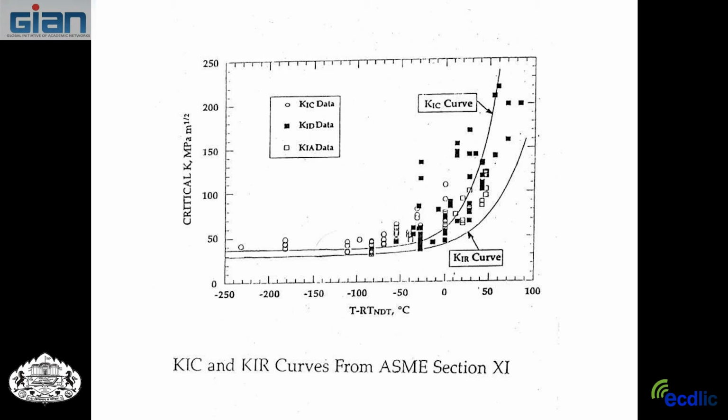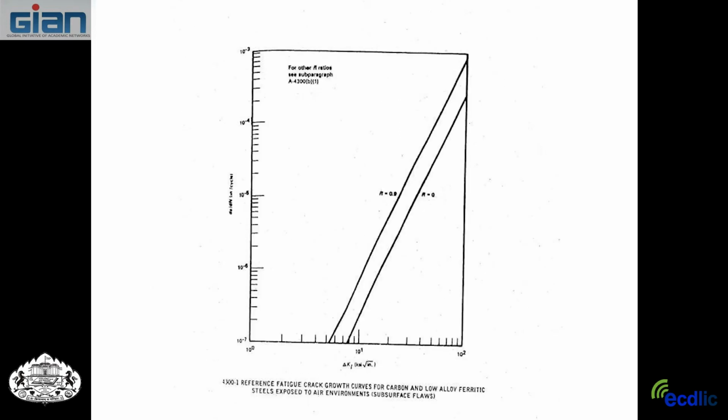Then the other data, altogether, they tried to take a line that went under everything. They fitted those lines with an exponential curve. And that exponential curve was one for K1C, one for K1R. K1R stands for K1 reference. And those are the curves then that they used for their data, the lower bound.